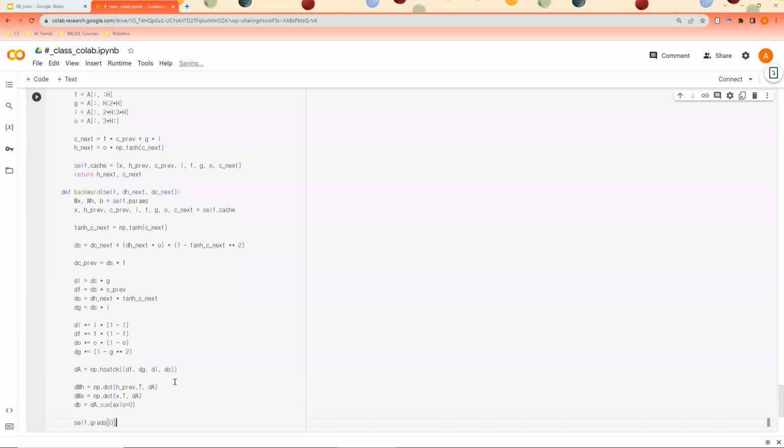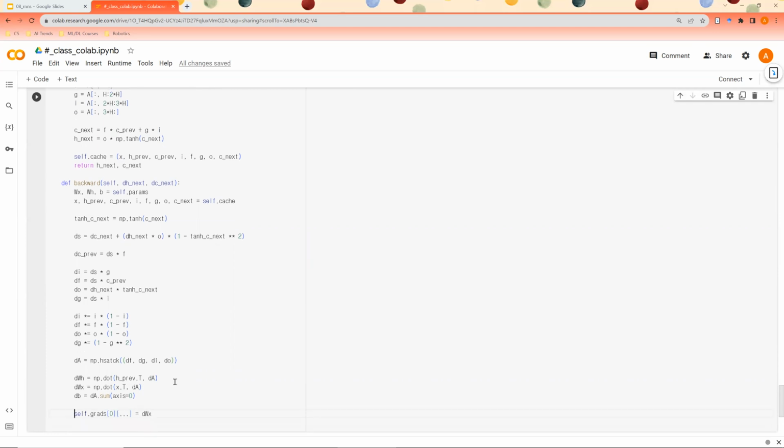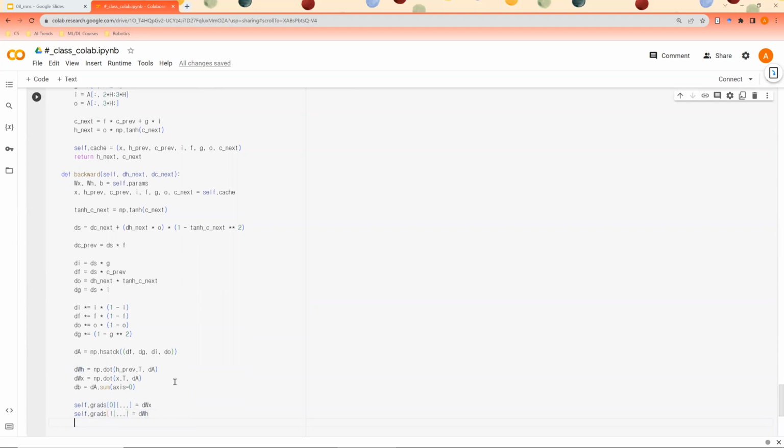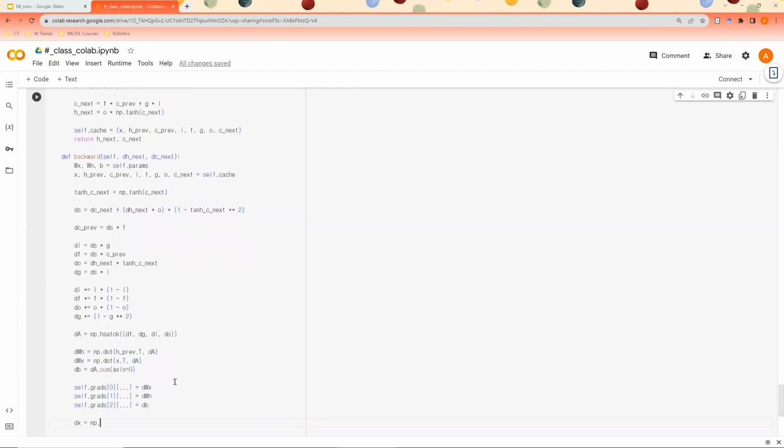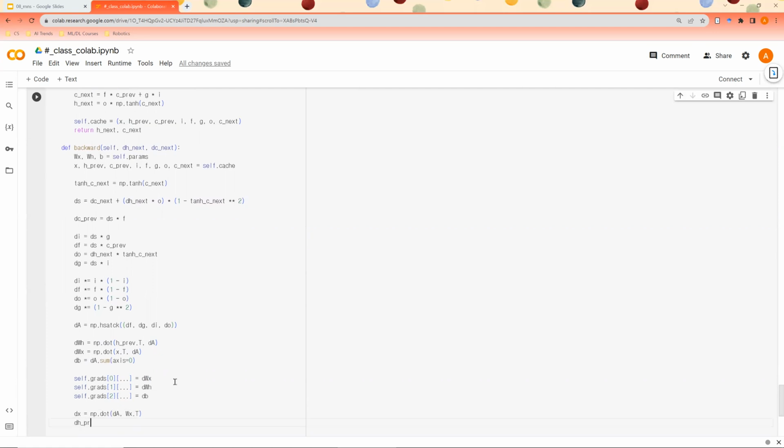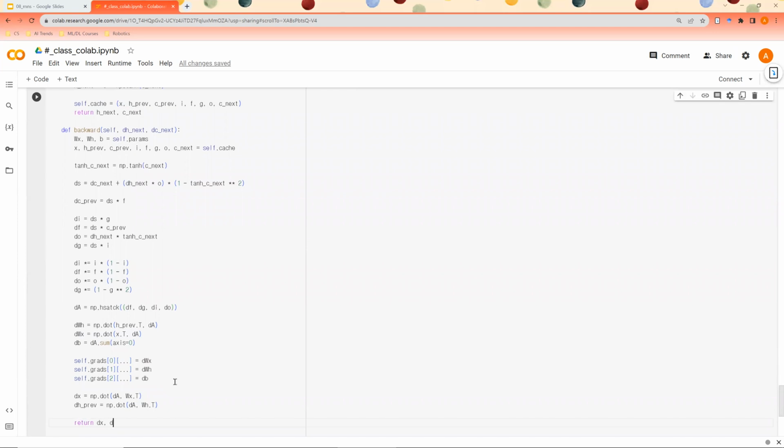And we store these gradients, dWh, dWx, db. dx becomes np.dot of dA and Wx transpose. dH prev becomes np.dot of dA and Wh transpose. Then we return dx, dH prev, dC prev.